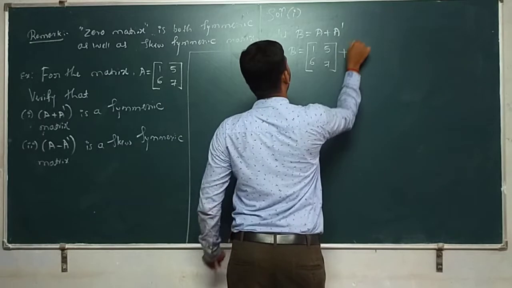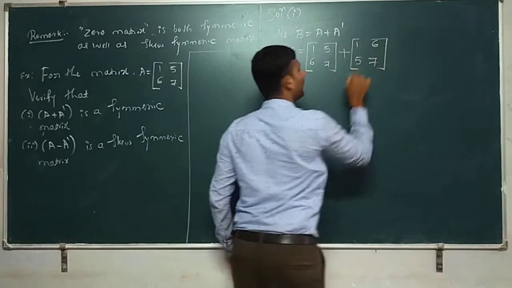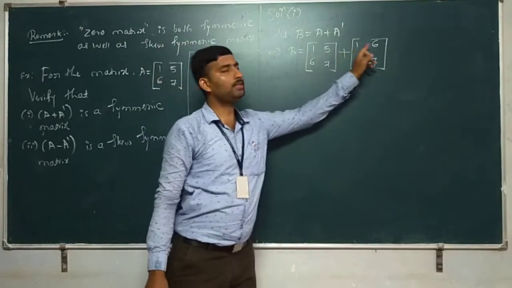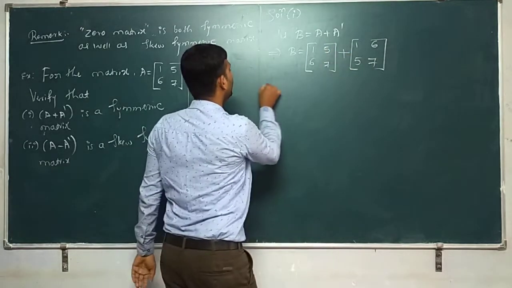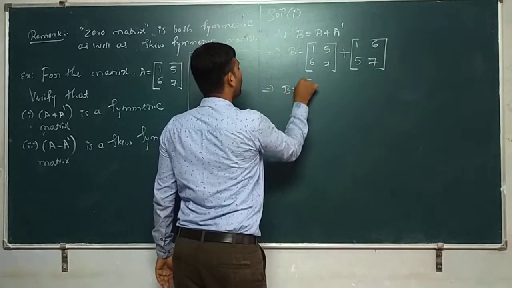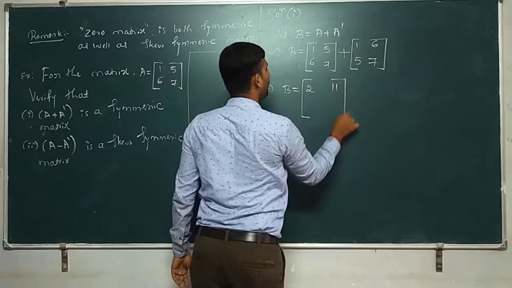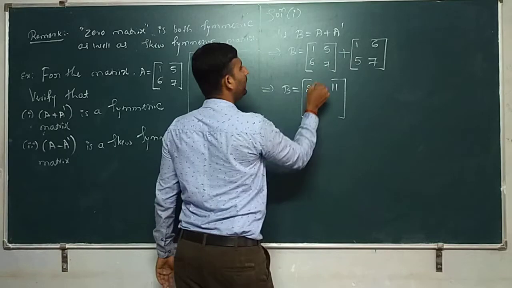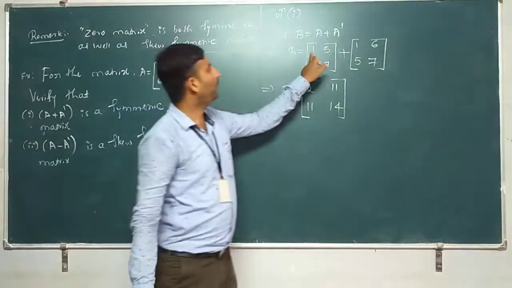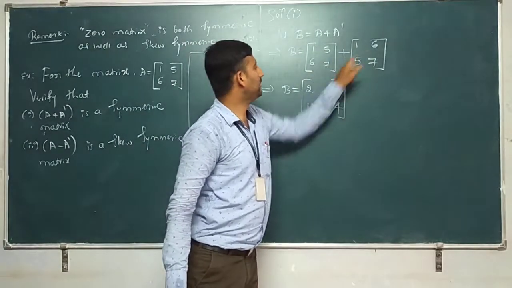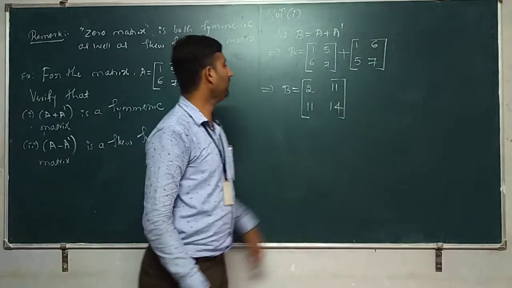After that, you make A dash. A dash, we know, 1, 6 becomes 1, 6 row, 5, 7 column becomes row. Which implies B is equal to 1 plus 1 is 2, 5 plus 6 is 11, 6 plus 5 becomes 11, 7 plus 7 becomes 14.